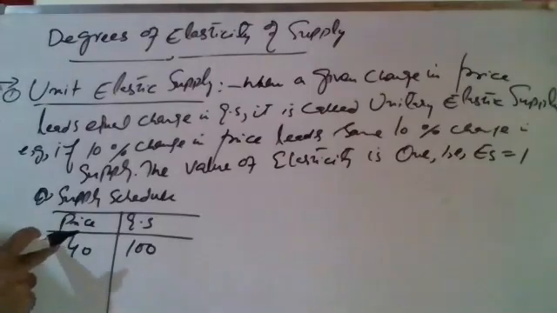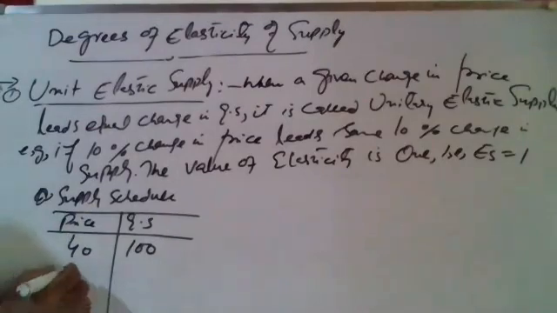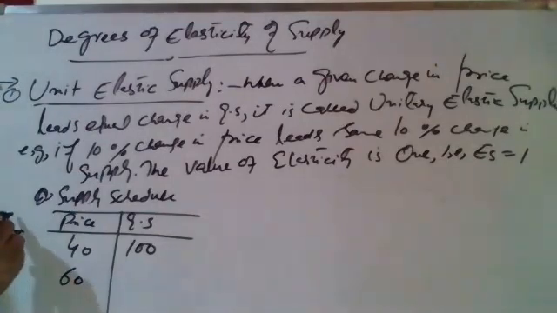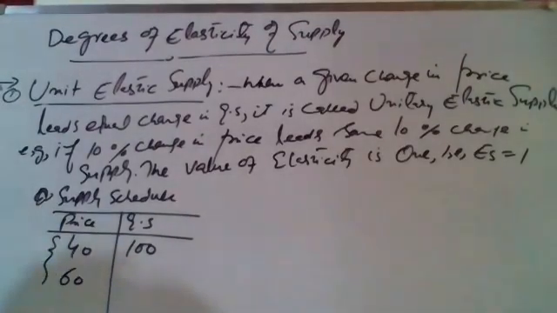If we increase the price by 50%, that means change in price is 20. 20 divided by 40 into 100 is 50% change. Here we have changed the price by 50%. The supply also changes by equal 50%.